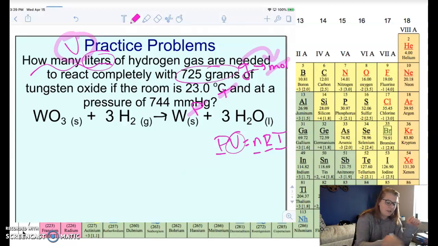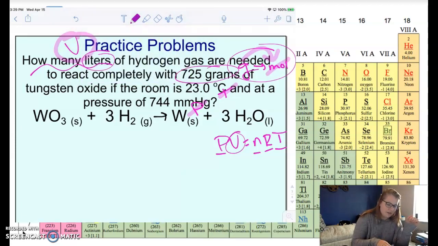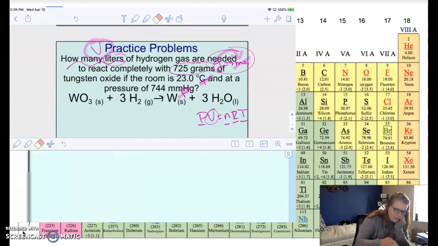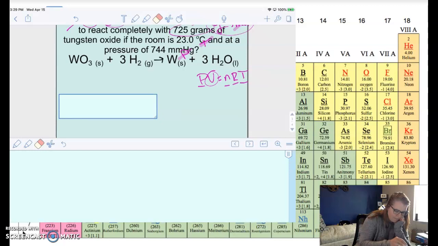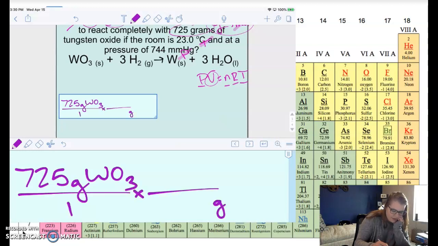So the first thing I'm going to need to do here is convert these grams to moles. So let's come down here and do that. I've got 725 grams of tungsten oxide, and I can convert grams of tungsten oxide to moles of tungsten oxide.